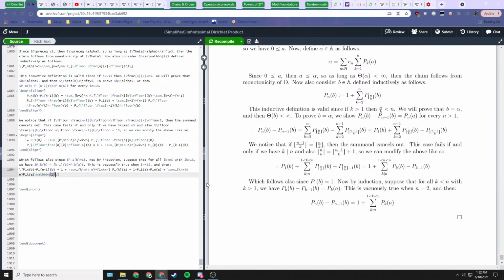times p sub k divided by n of 1, since this is just 1. And then this ends up being 1 minus 1 minus p sub n of a plus p sub n of a and 1.